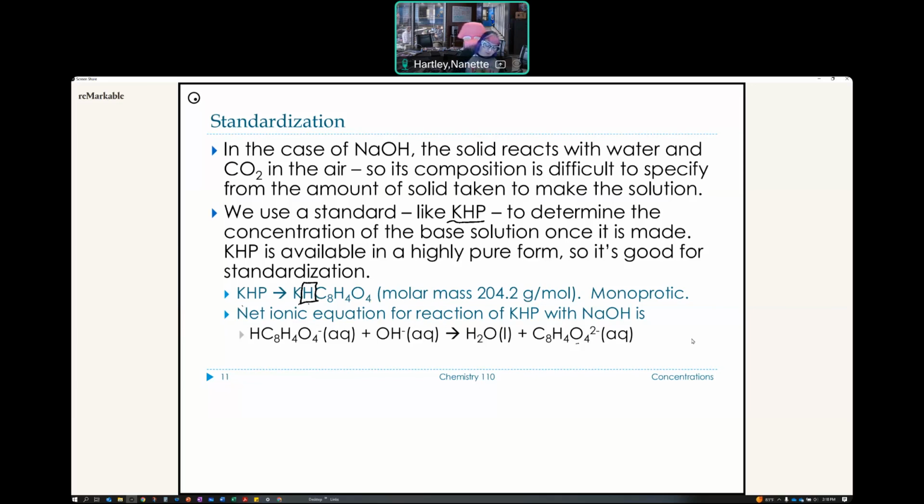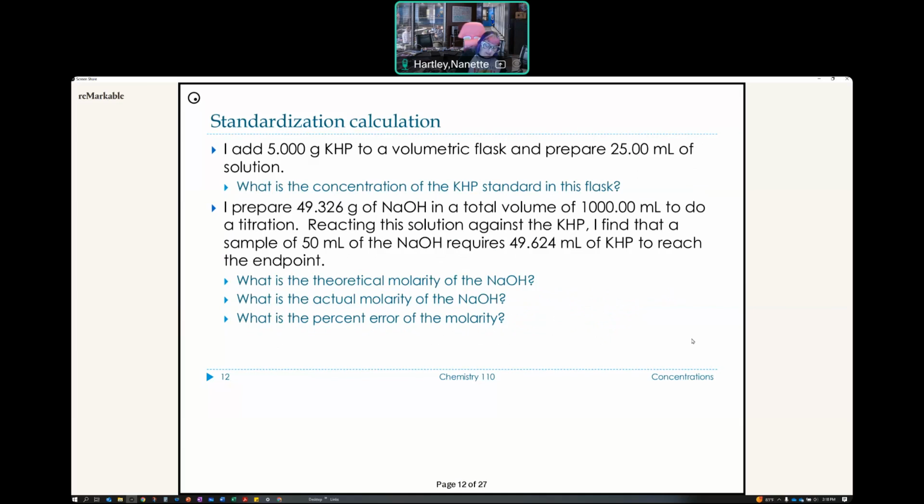So we're going to take 5 grams of KHP. We're going to add it to a volumetric flask and prepare 25 milliliters of that solution. The first thing I have to know is what is the concentration of the KHP in the flask? Okay, so that's my first question. All right, well, I want a concentration. So my concentration units are what again?